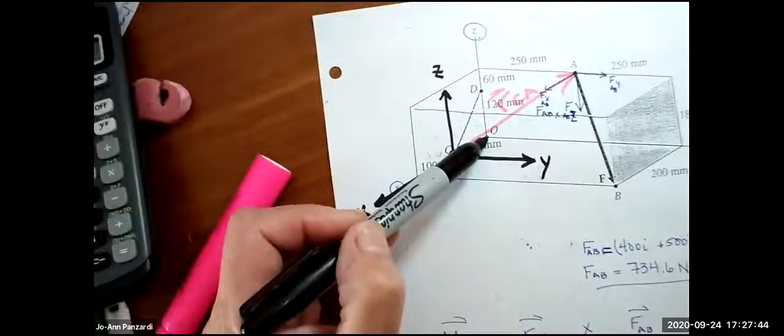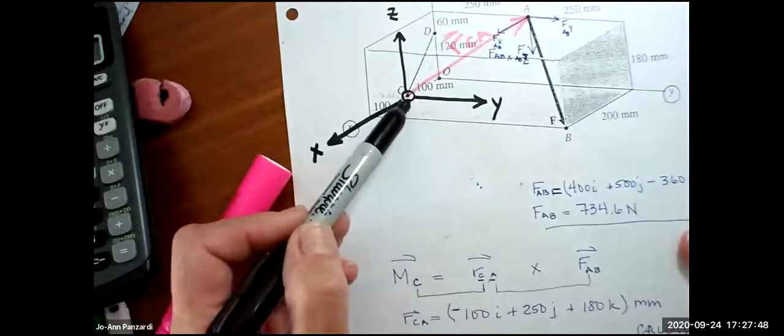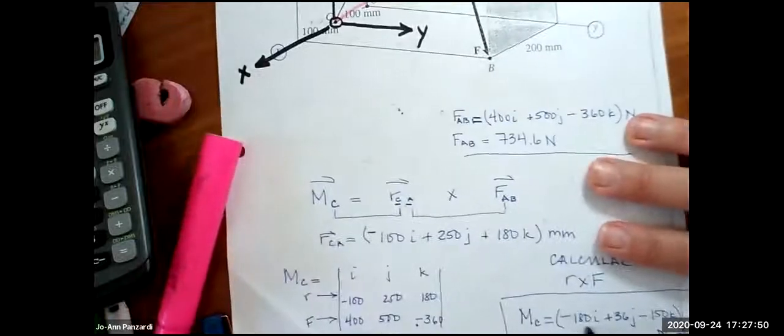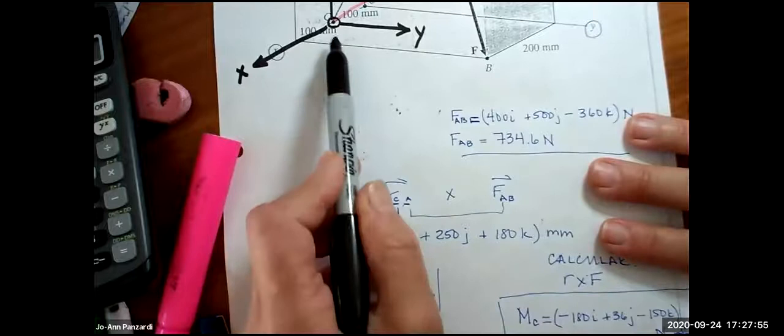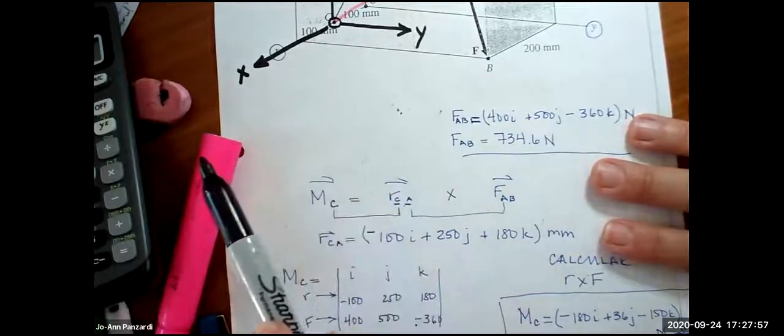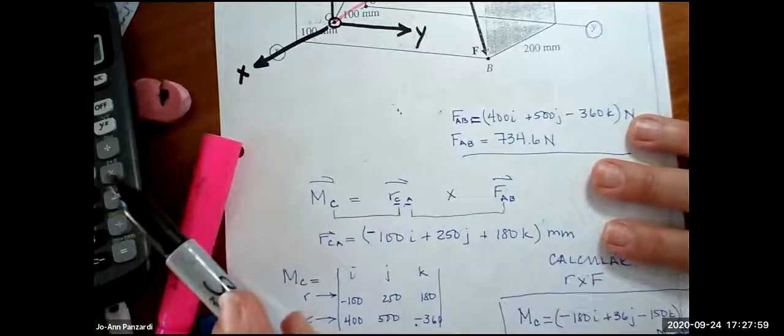I did not find the moment about point O. I am finding the moment about point C, and I'm finding the X, Y, and Z component of the moment about C.